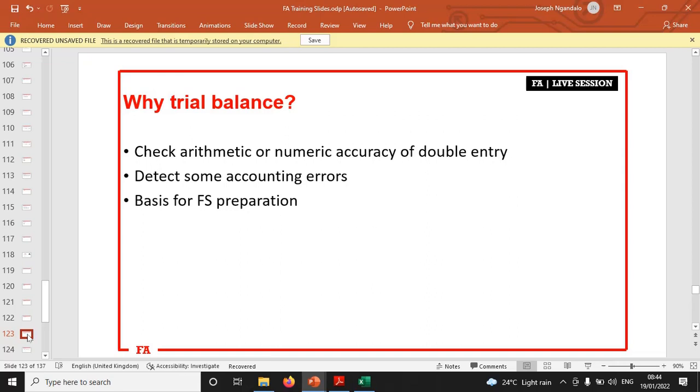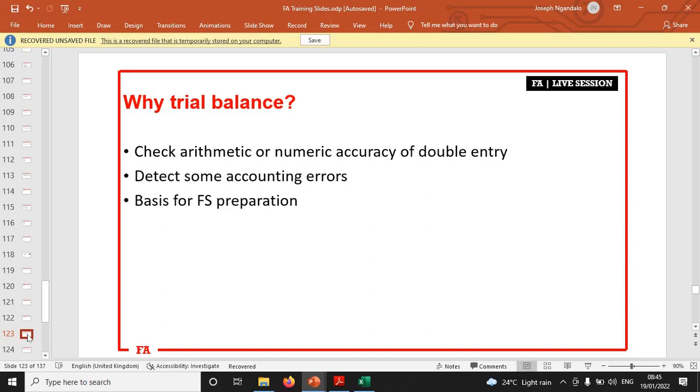The trial balance will enable you to confirm. Remember, the word trial means test. We test the general ledger accounts, the T accounts. You remember in our class we call them T accounts, right? For double entry accuracy using the trial balance. What did we say yesterday?